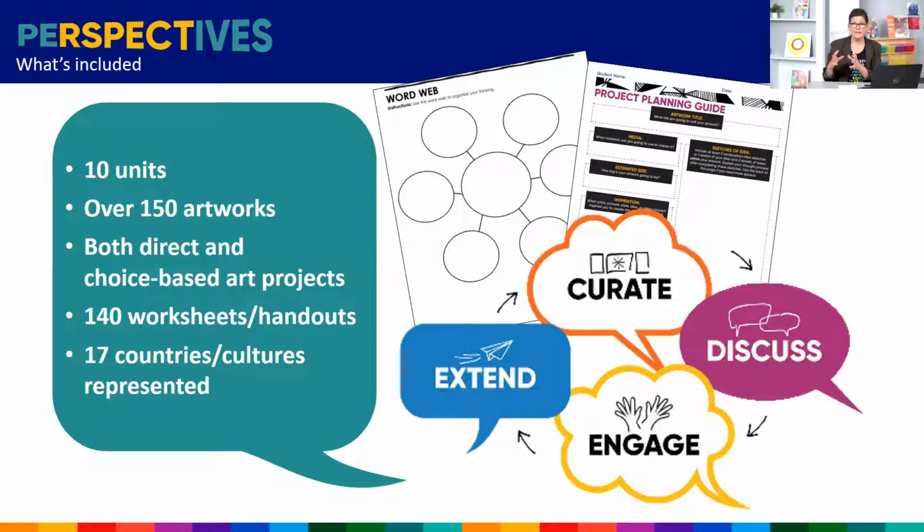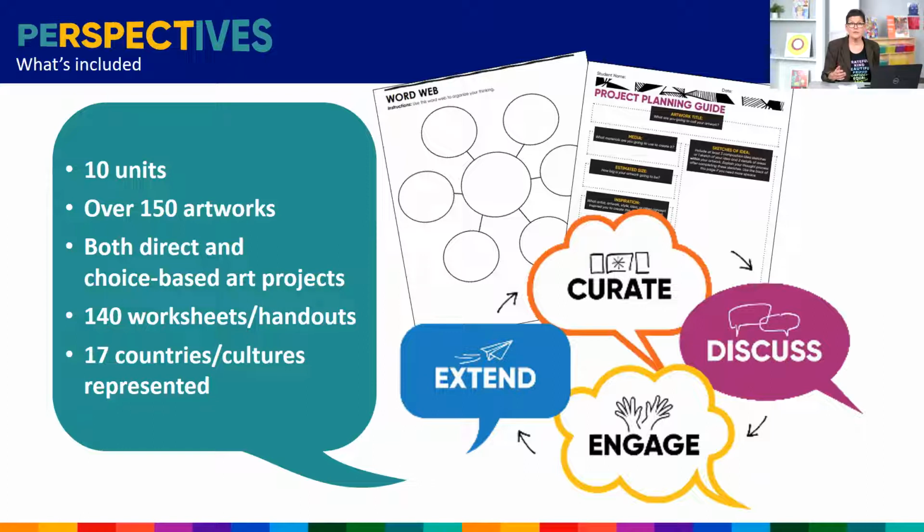There's discussion that's going to happen and engagement, which is going to include the hands-on art. And then the extend is also similar to reflect in the younger grades in terms of what are you going to do with it? And I like how this takes it full circle and gives students an opportunity to say, this is stuff that is life applicable as well.